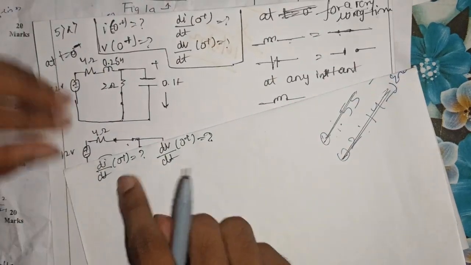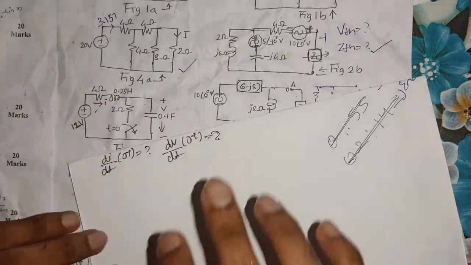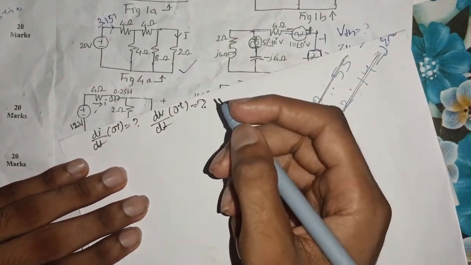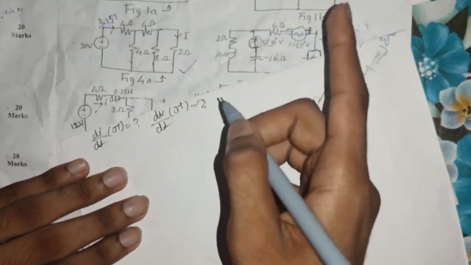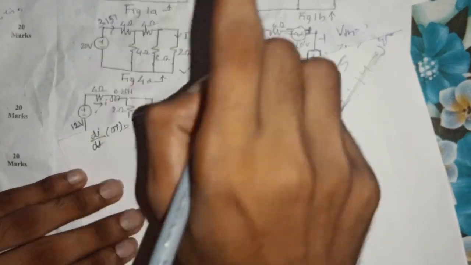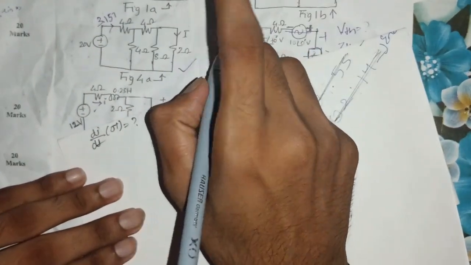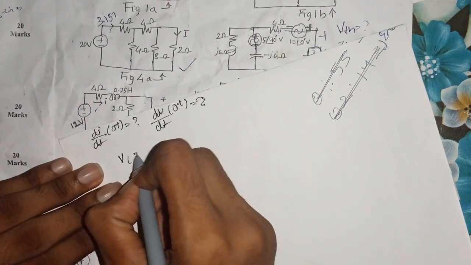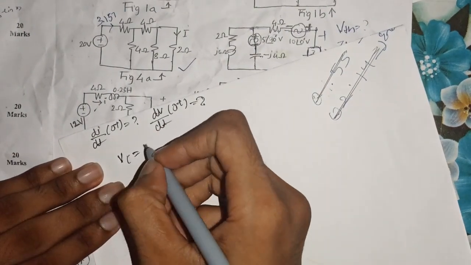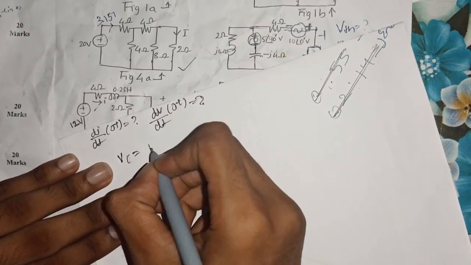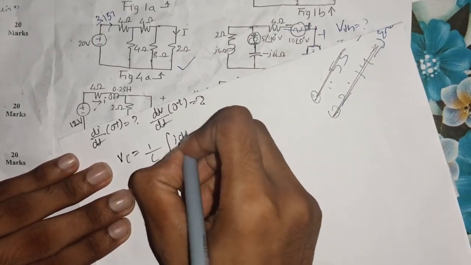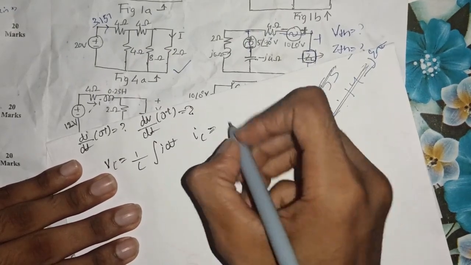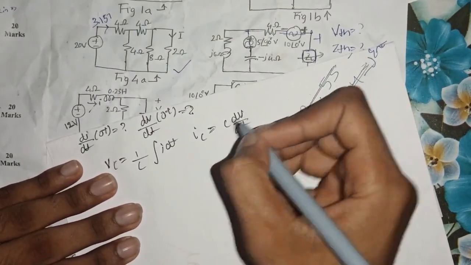Before calculating these values, you should know the formulas of voltage across the capacitance and voltage across the inductance. Similarly, the current through the capacitance and the current through the inductance, not across it. The voltage across the capacitance is given by 1 over C integration of I dt, and the current through the capacitance is given by C into dV by dt.